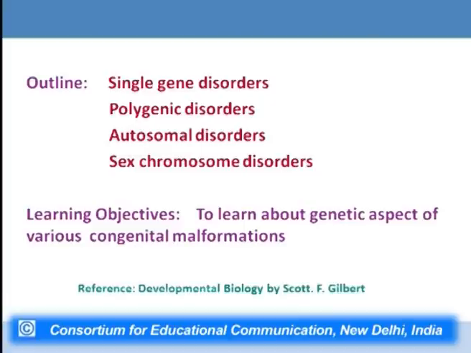And then I will be discussing autosomal disorders and sex chromosome disorders, how presence of extra autosomes or absence of a given number of autosomes can lead to specific disorders, and how presence or absence of specific sex chromosomes can lead to formation of an individual who is not normal. Also, I will be talking about epigenetic influence on the genetic control of development.